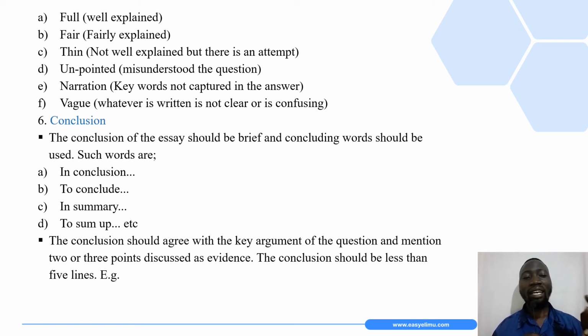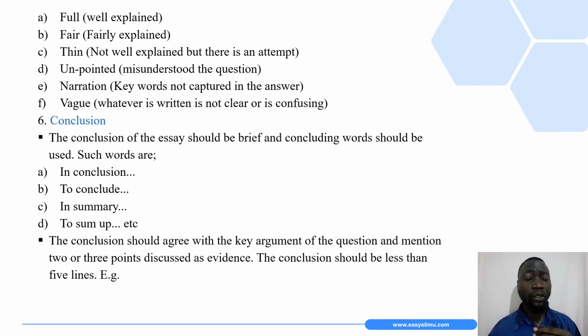Then you get unpointed. Unpointed, you score 0 because you misunderstood the question. You are completely out of the topic. That is where we say you set your own question. Then we also have vague, to mean that whatever is written is not clear or is confusing.